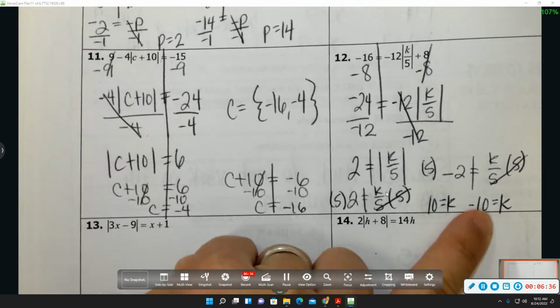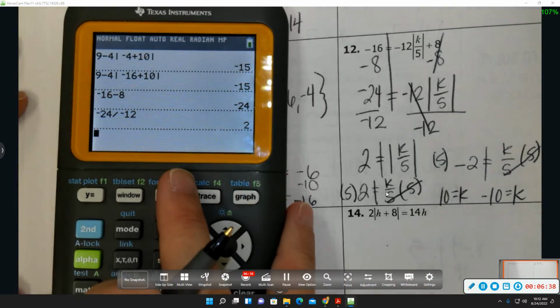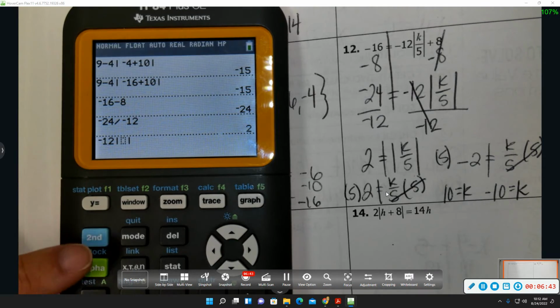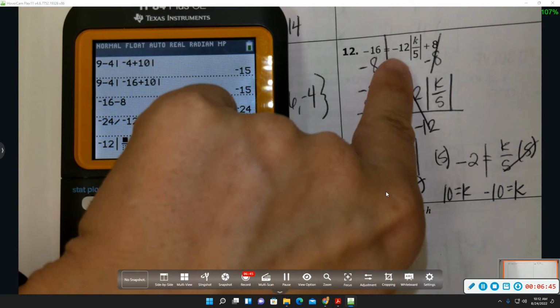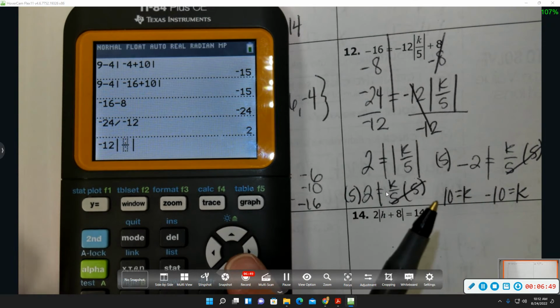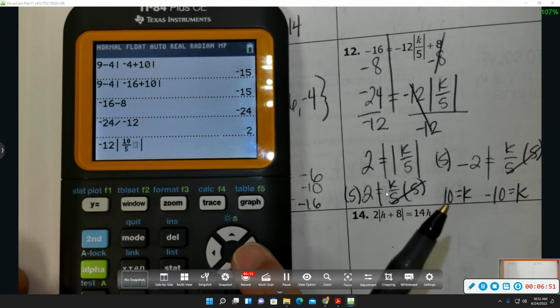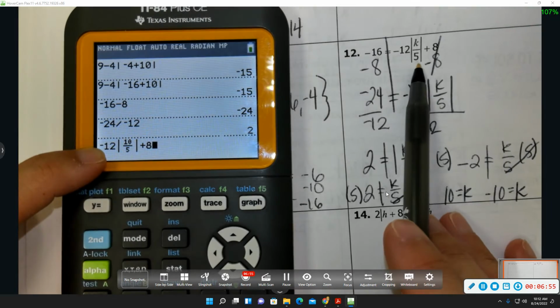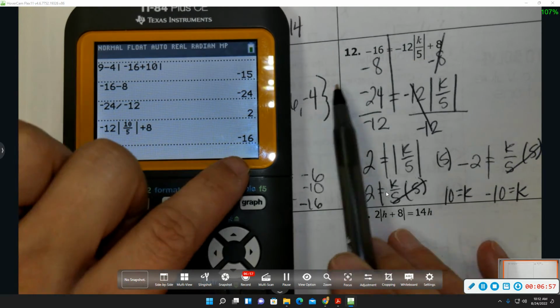I'm going to go ahead and type them in my calculator. So negative 12, absolute value of k, which is 10, over 5 plus 8. So this matches this exactly. I got out negative 16.